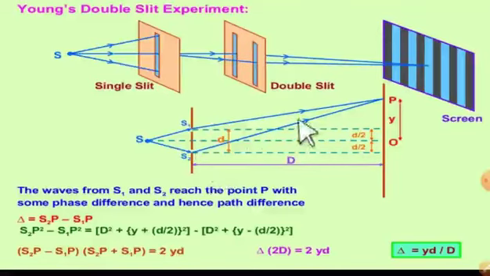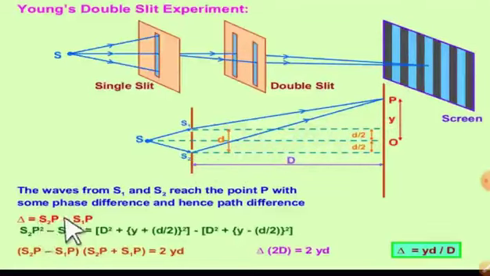So the light coming from the slit S1 and from the slit S2, these two slits can act as two coherent sources. The path difference means the difference in the path. From S1, this is the path S1P. From S2, the second source, this path will be S2P. So the difference in path, we call it path difference.